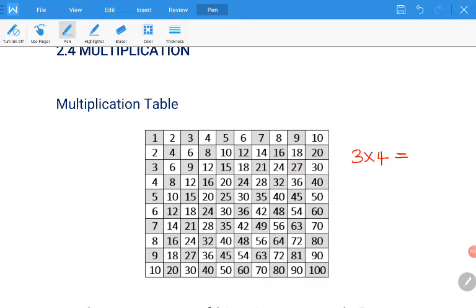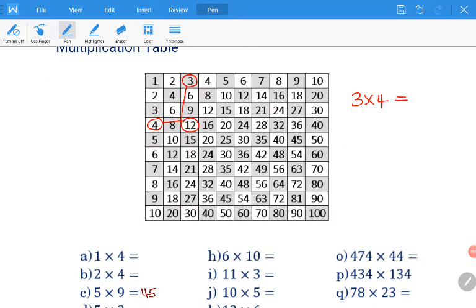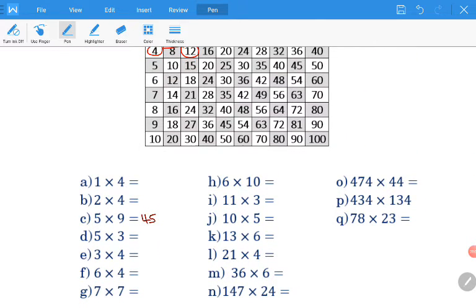So using the multiplication table, we go to 3 and we go to 4, and where they meet is our answer. So 3 times 4 is 12.